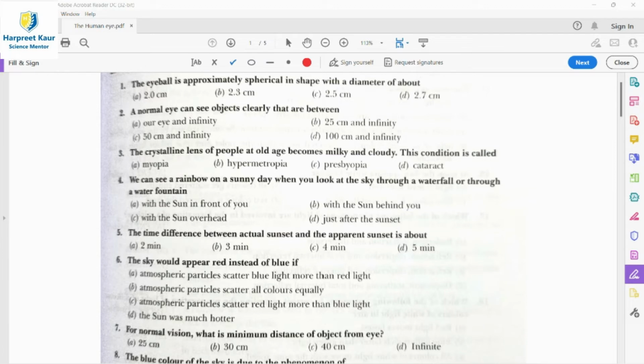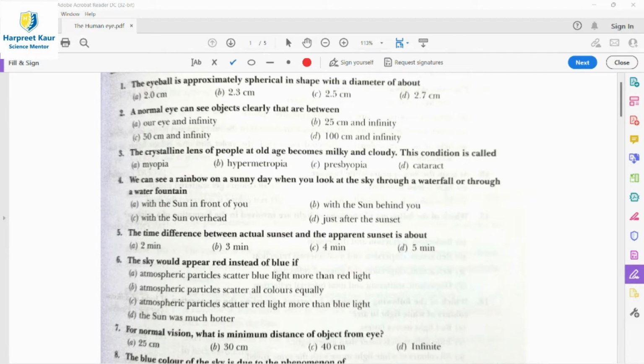Actually, children, the retina is the screen on which the image is formed in the eye. It is behind the eye lens, at the back part of the eye. Then there is the optic nerve, a bundle of more than a million nerve fibers, and it transmits the sensory information for vision in the form of electric impulses from the eye to the brain.